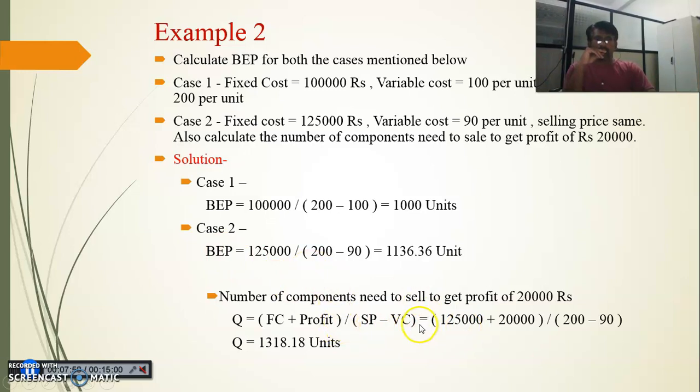If we require to earn 20,000 rupees as profit, then by putting the values of fixed cost 1,25,000 plus profit of 20,000 divided by selling price 200 minus variable cost 90, the quantity becomes 1318.18 units, approximately 1319 units. So when the company sells this quantity at the selling price of 200 rupees, the company may earn rupees 20,000 in this case.